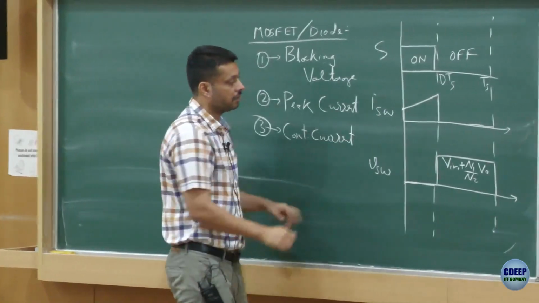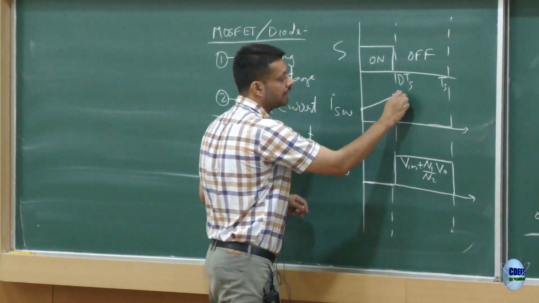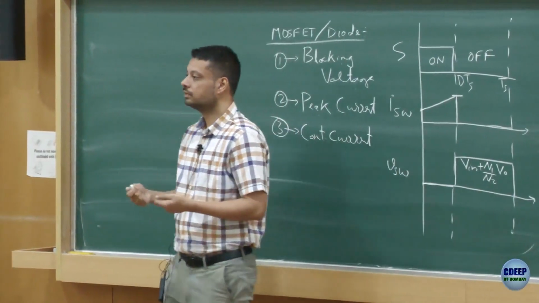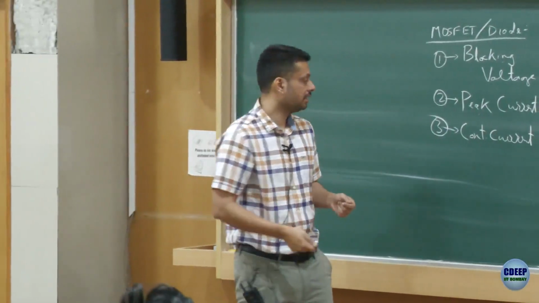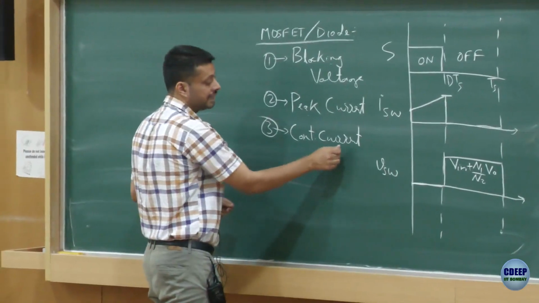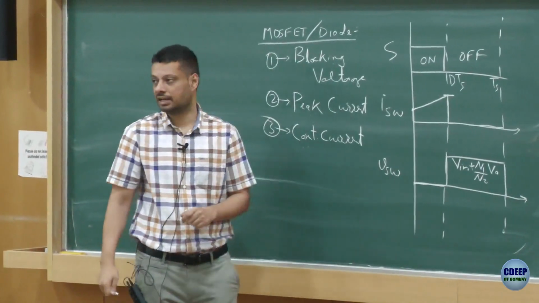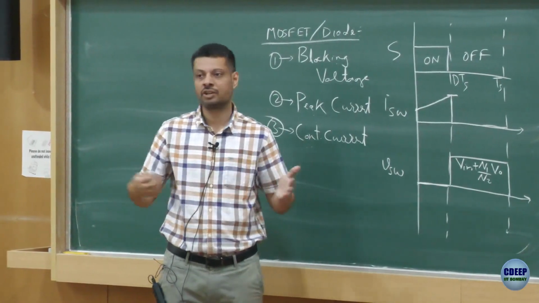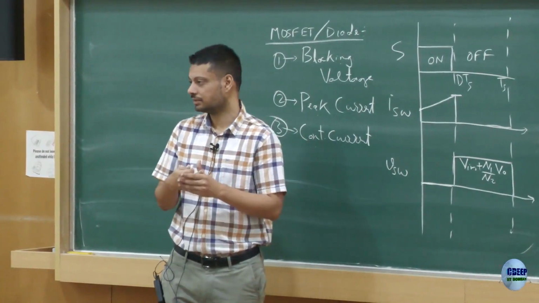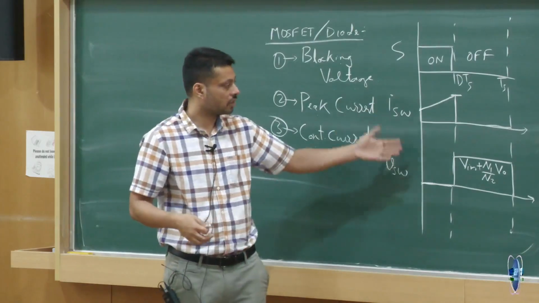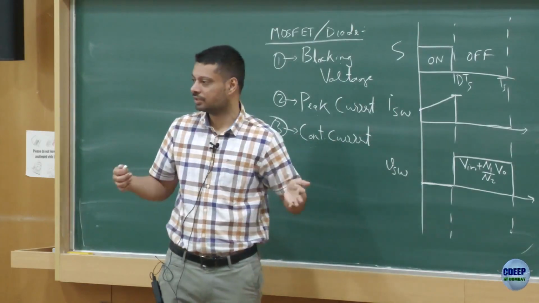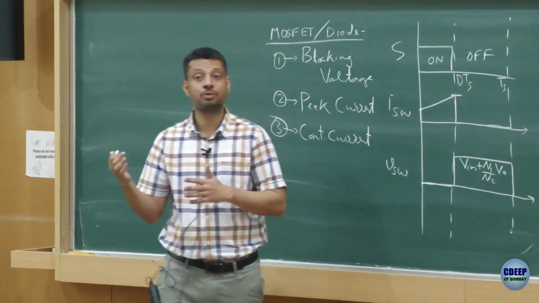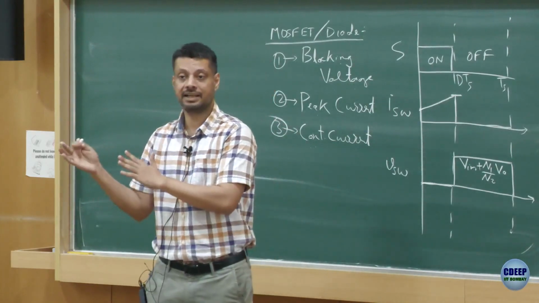Peak current: from here you understand the value of the peak current which this device would have to sustain while operating in this circuit. Third is what the datasheet calls the continuous current, which means how much continuous current can flow through this device. The application does not require a continuous current, but it may lead to some thermal constraint somewhere.